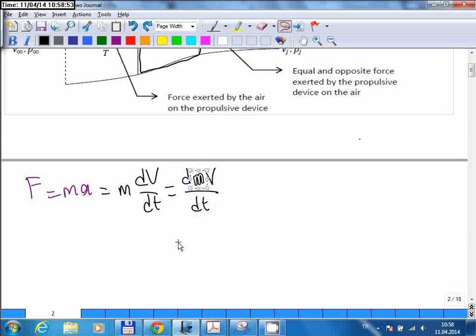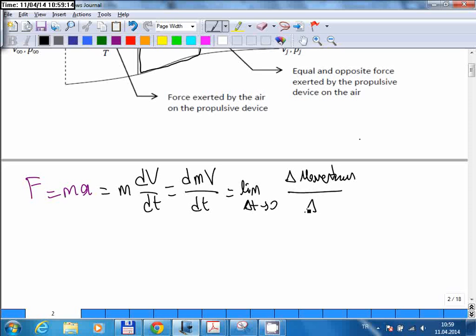But in this case, let's go back to the original form of the equation, so we can actually write it as limit as delta t goes to 0 of delta momentum divided by delta t. Okay?